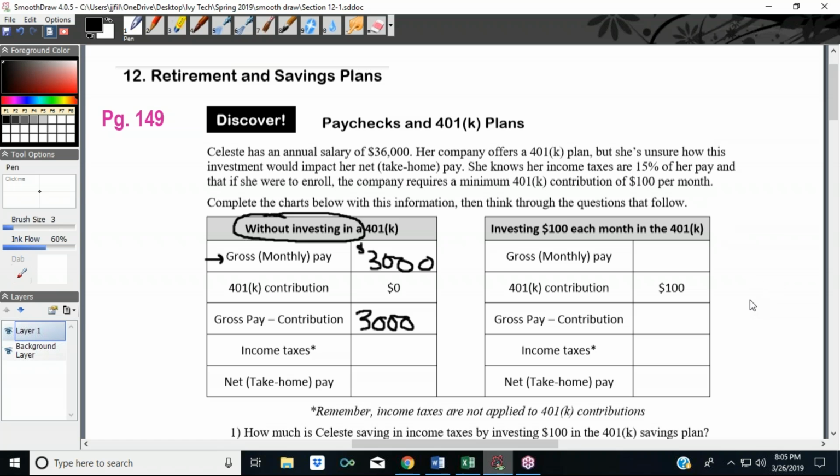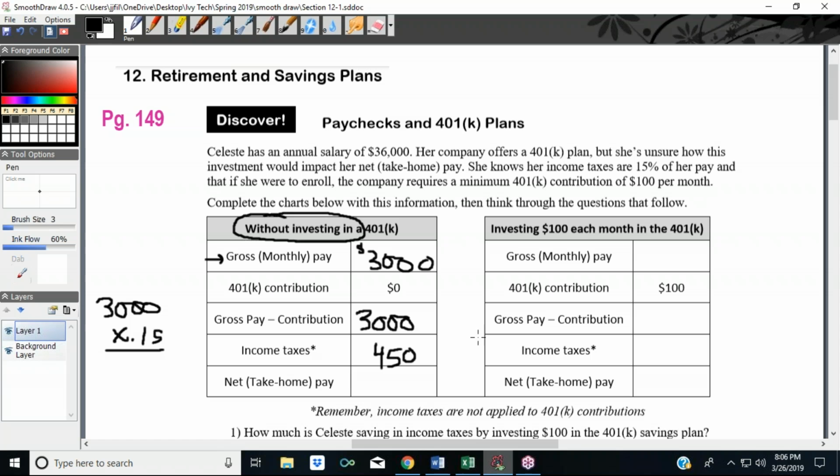All right, and most of you are putting 3,000 times 0.15. So 3,000 times 0.15 is going to be the amount of taxes. And it is $450. Thank you, Kayla and Kaylee and Ashley. $450.